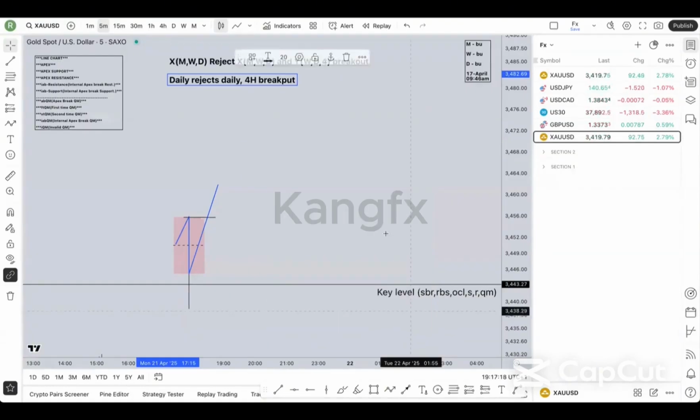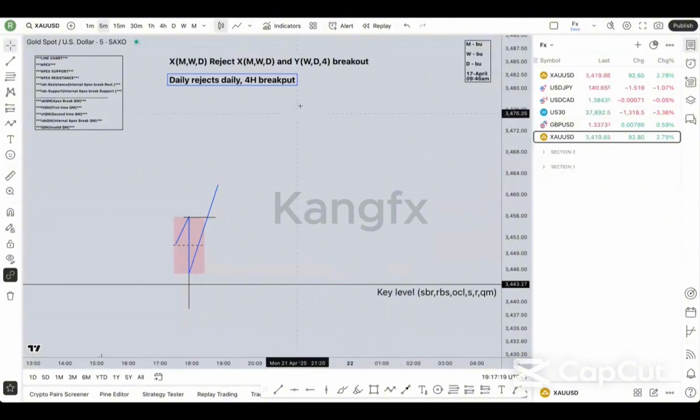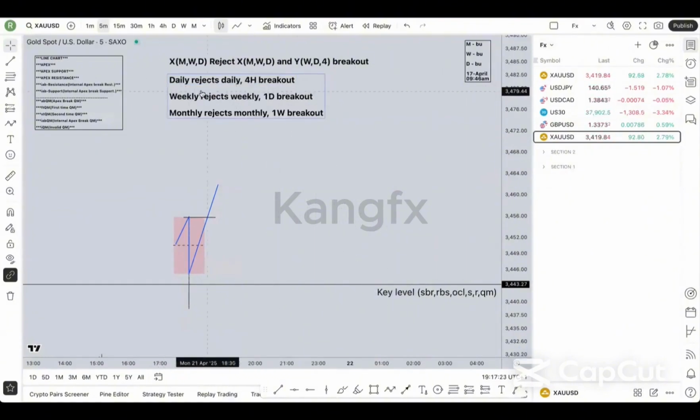This is what we need. This is the formula we use to get our storyline. For daily, rejects daily, 4 hour breakouts. For weekly, rejects weekly, 1 day breakout. For monthly, rejects monthly, weekly breakout.